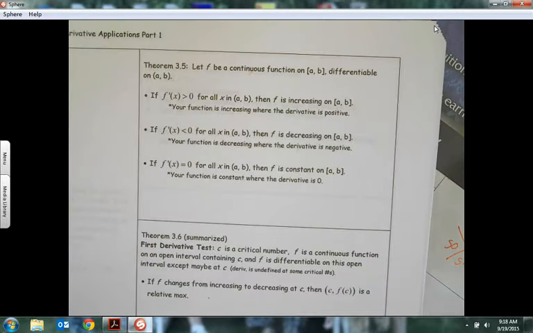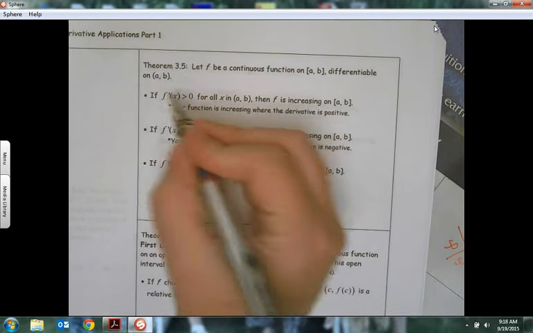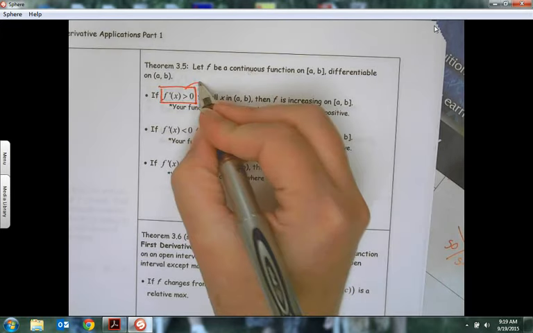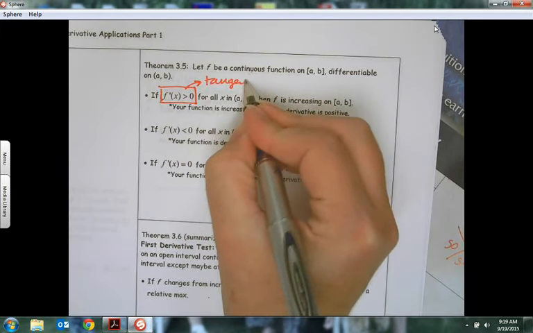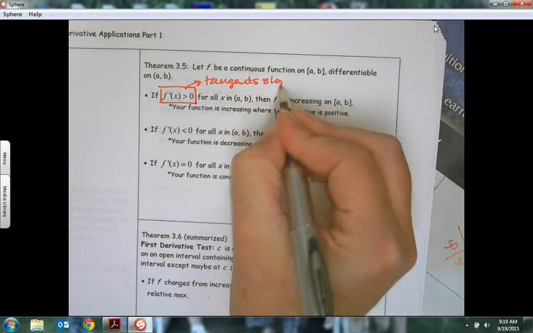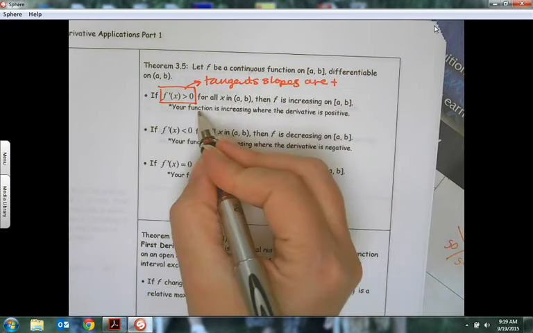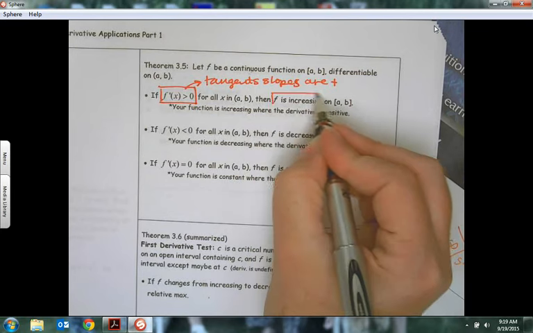Okay, so here is basically what we were kind of talking about. When my first derivative, when the slopes are positive, that's what this is saying. So the tangent slopes are positive, then I know that f is increasing.